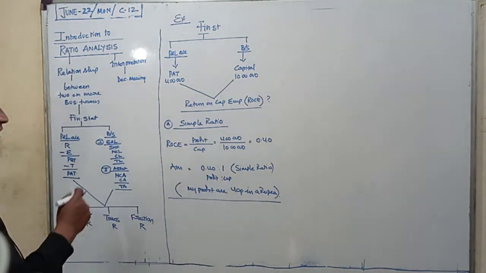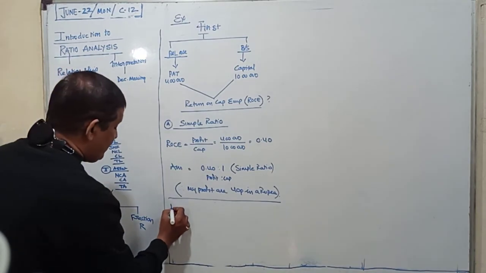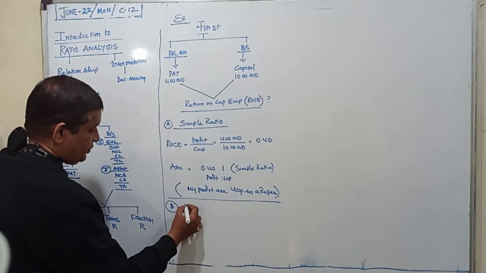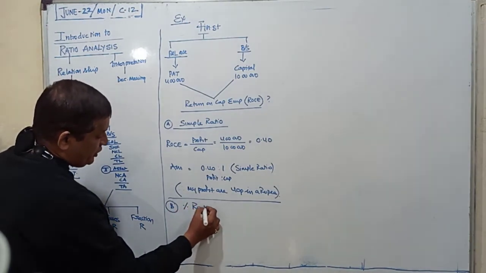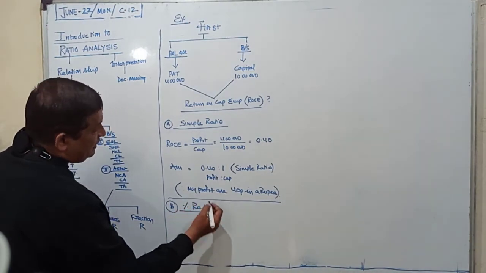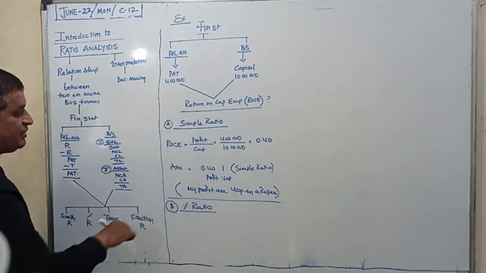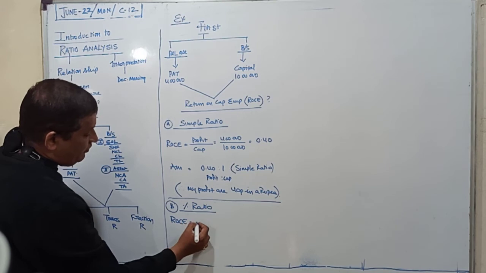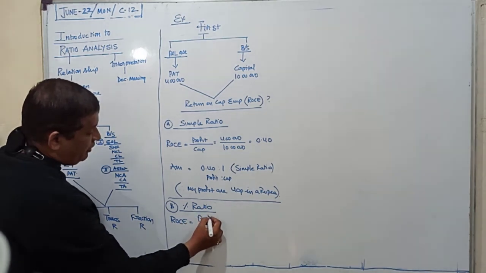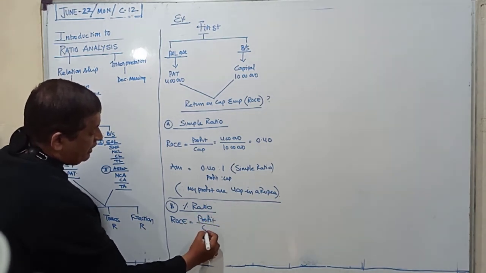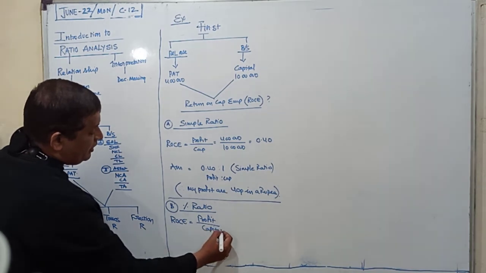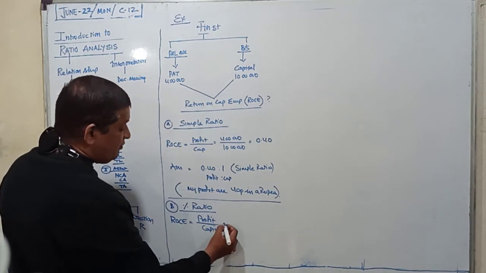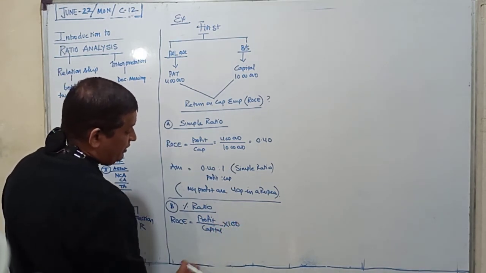Having understood this, we go to the next form of expression, the percentage ratio. The same data can be expressed as a percentage. Again, return on capital employed is profit divided by capital. When I talk about percentage, I talk in terms of 100, so I multiply by 100.